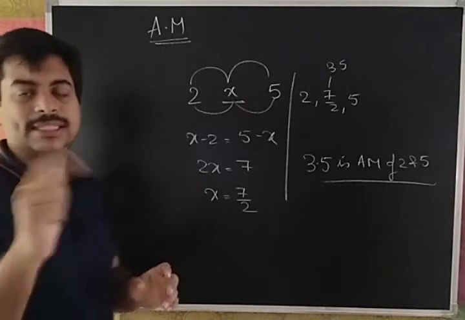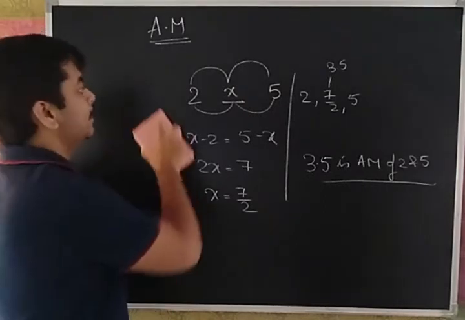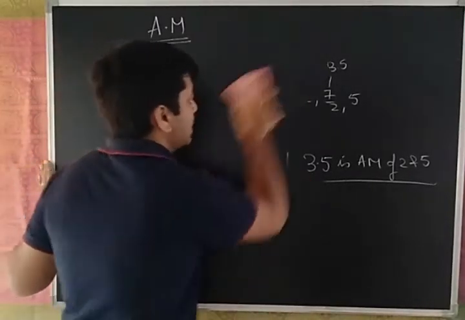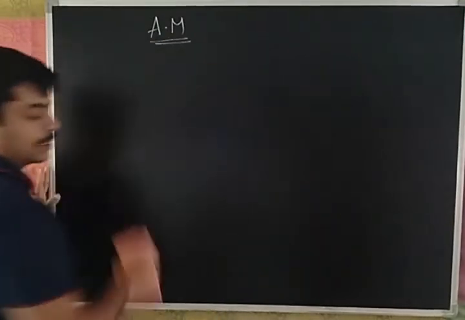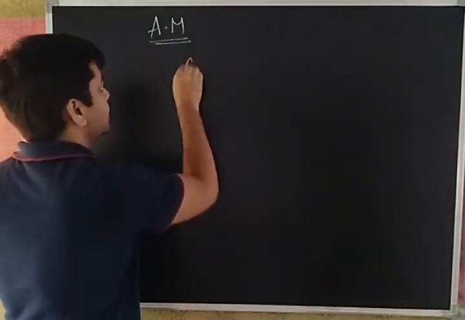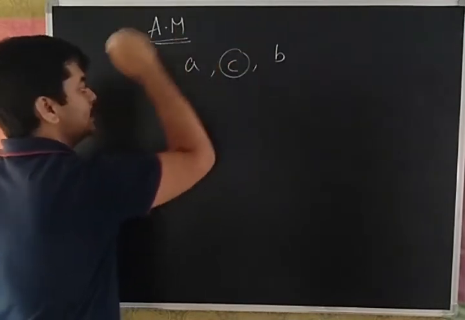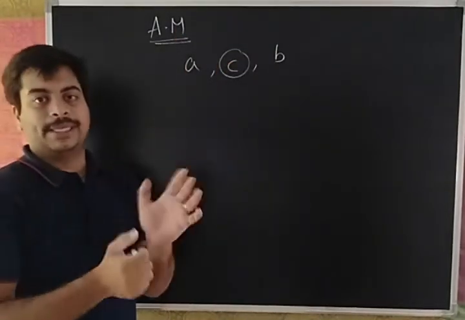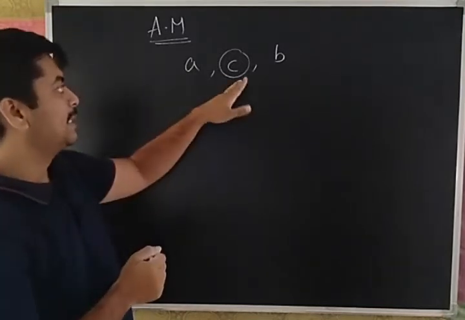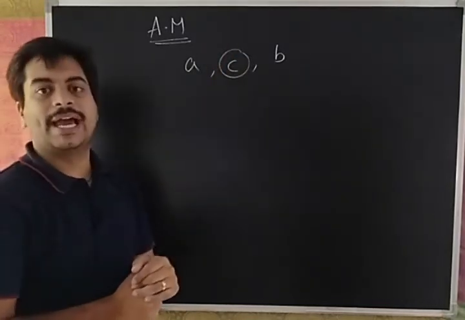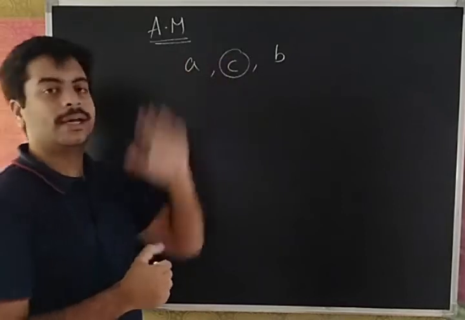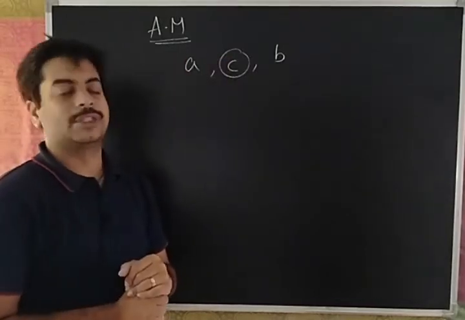Let us generalize this one to some numbers a and b. So let us take two general terms a and b. Let us say I am adding c, which is the required arithmetic mean. I want to insert c, which is the arithmetic mean of a and b, such that a, c, b are in arithmetic progression.